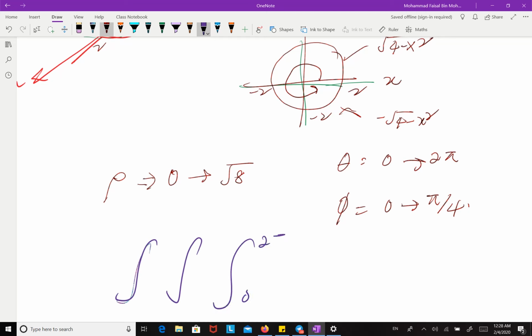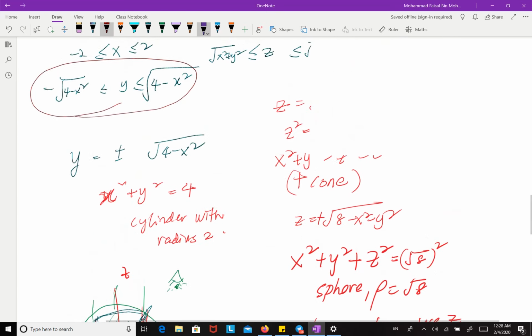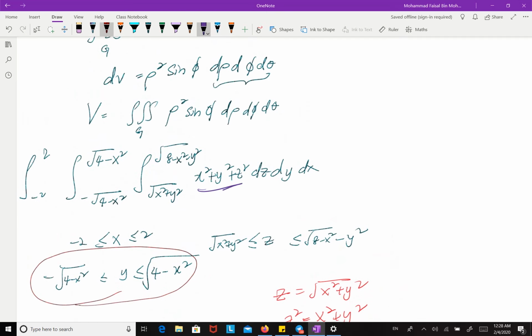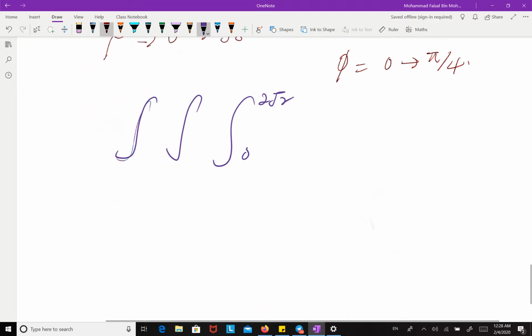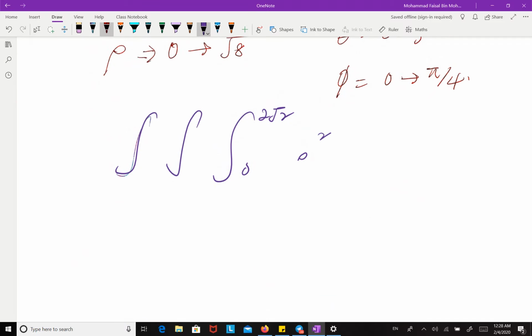Rho from 0 to 2 square root 2, here is rho squared, another rho squared, sine phi d rho d phi, phi from 0 to pi over 4, and d theta from 0 to 2 pi.